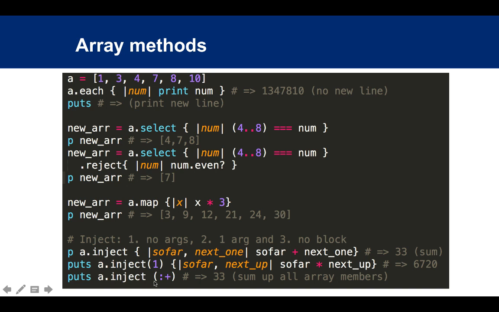Now, this is basically the same thing as the first one, where you're not specifying a block, but you are saying use the plus method. That's what the symbol plus specifies, a method. So take an array and then use the plus method to add up all the elements inside that array.